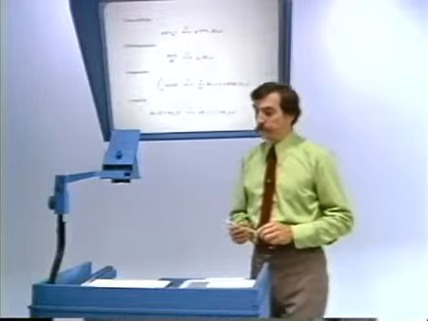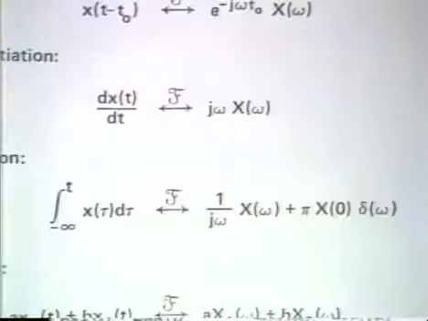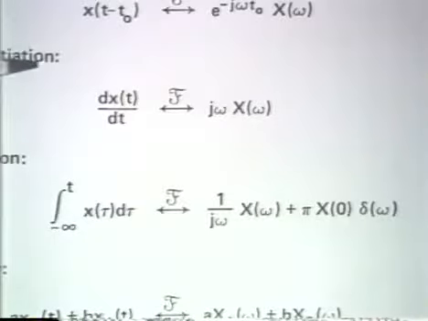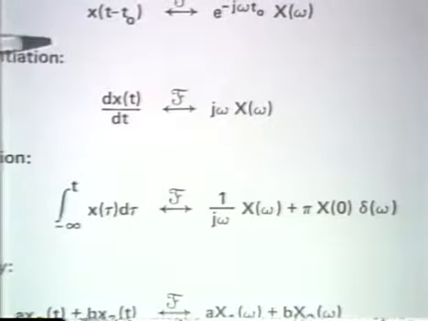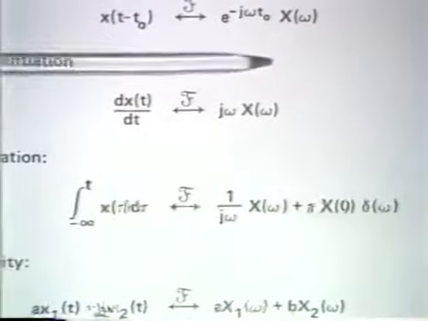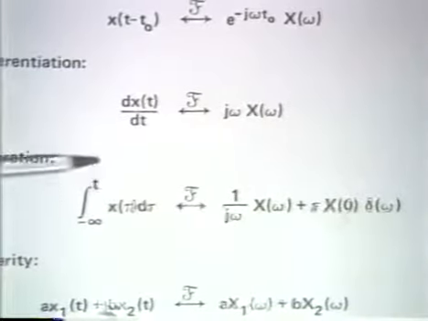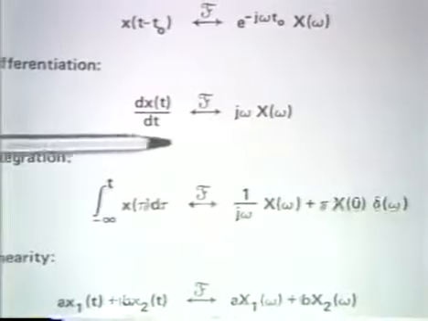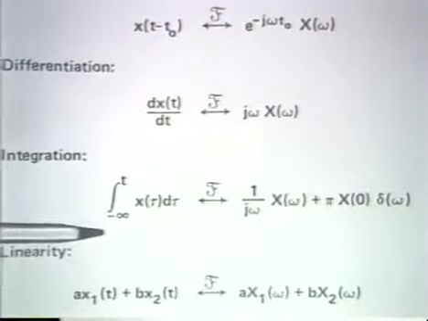Another property, and in fact a pair of properties that we'll make reference to as we turn our attention toward the end of this lecture to solving differential equations using the Fourier transform, is what's referred to as the differentiation property and its companion, which is the integration property.